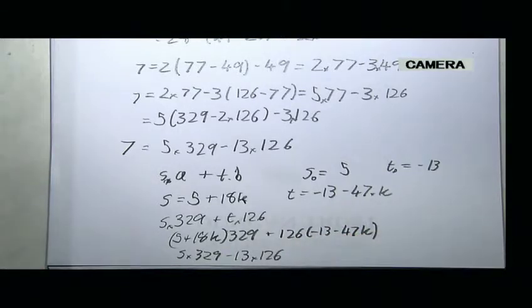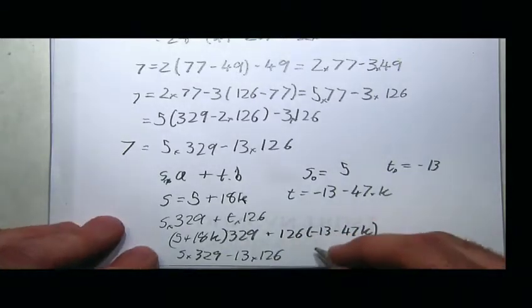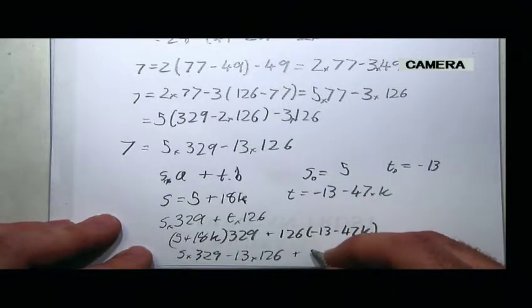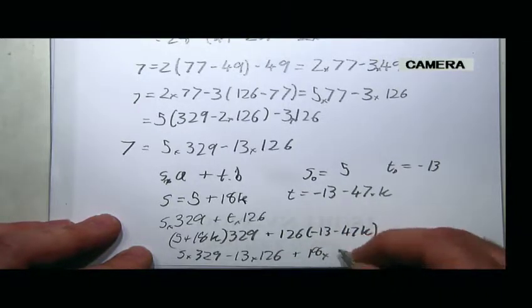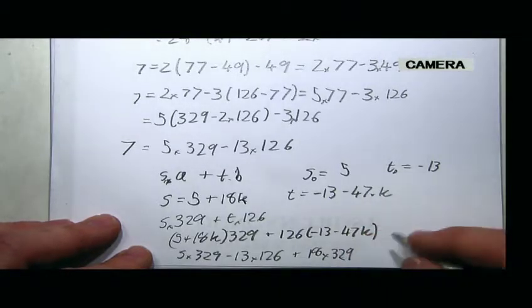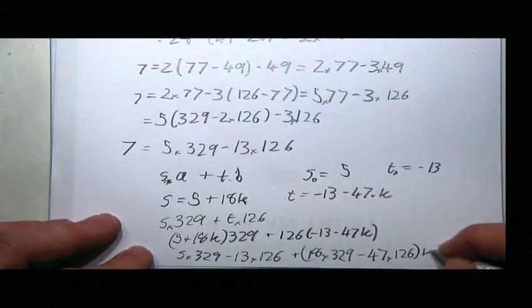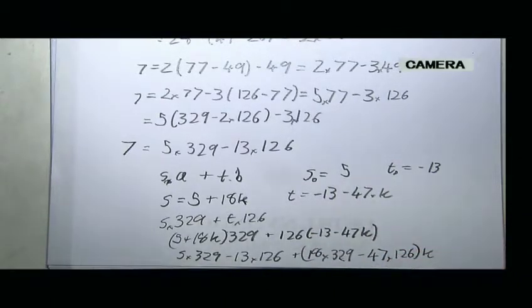We know that bit's equal to 7. When I do plus 18 times 329 minus 47 times 126, this bit here should work out to be 0. Really love a calculator to be able to work that out. Did it work out? Awesome. I love it when a plan comes together.